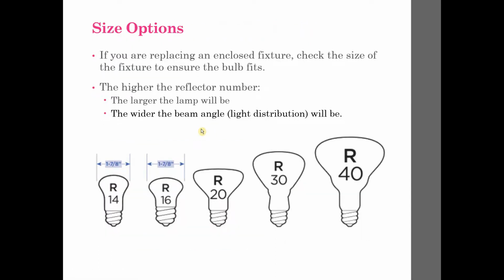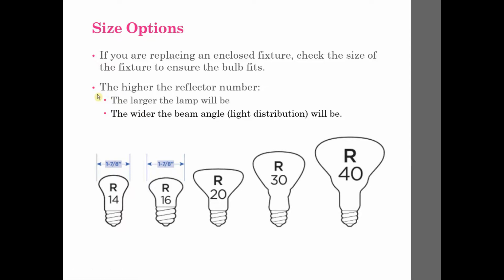Last thing I want to talk about is the size options. So if you're replacing a closed fixture, check the size of the fixture to make sure the bulb fits. That's always important. You don't want to buy an R40 bulb where only an R16 would fit in it because it's 1 7/8 inches.